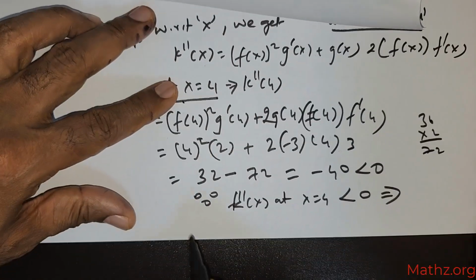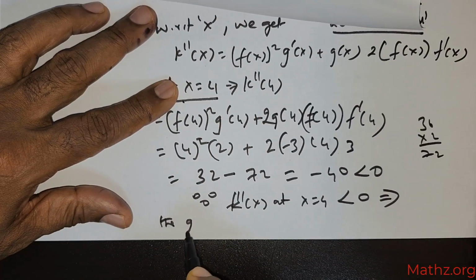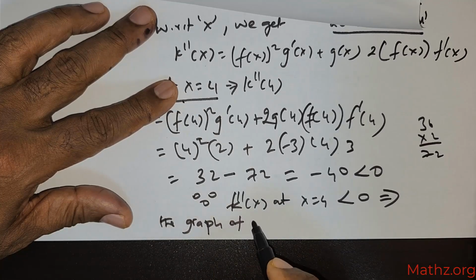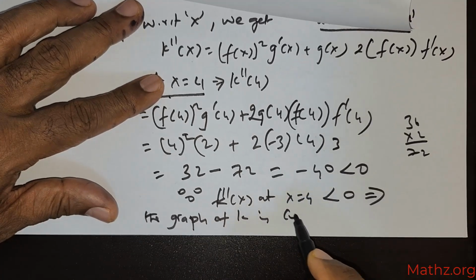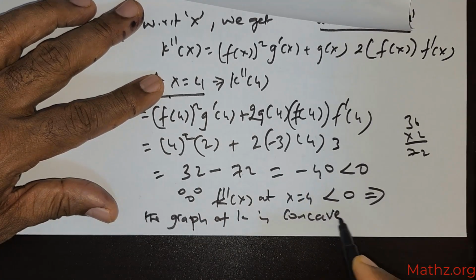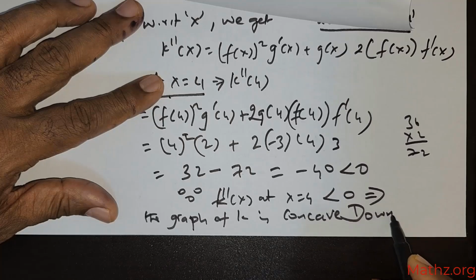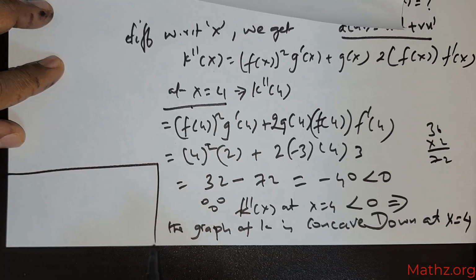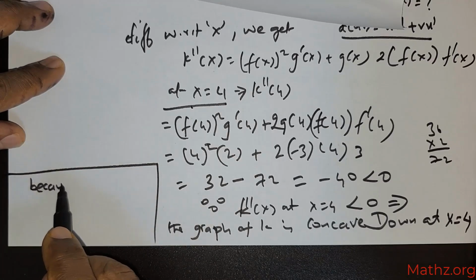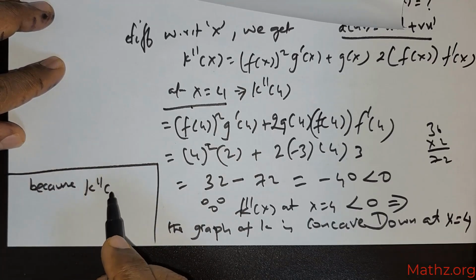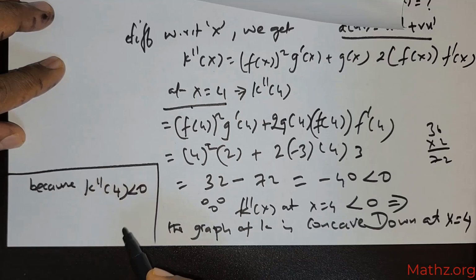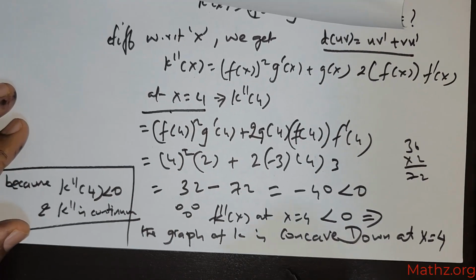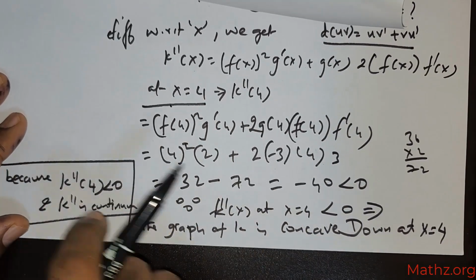The graph of k is concave down at x is equal to 4, and you can add one more line, because k double dash of 4 is less than 0. Okay, so this is the solution for this question.